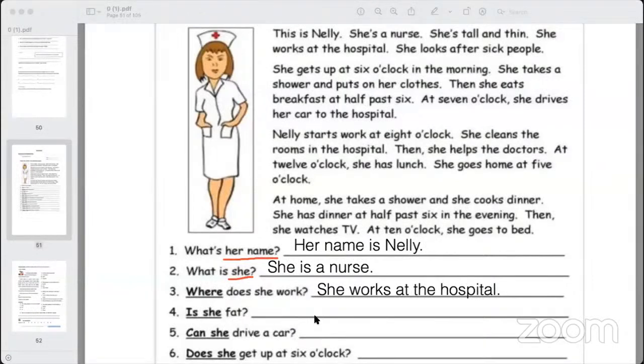Number 4, is she fat? That's a bit rude. So how is this nurse described? If you look at the beginning of the comprehension, they have given you a description about this nurse. So is she fat? Number 4.